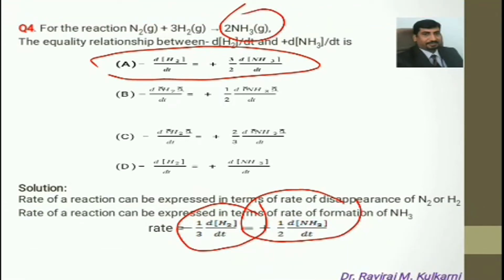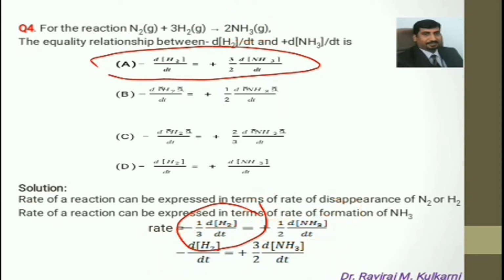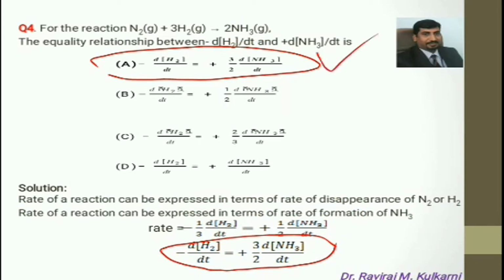So plus 1 by 2 dNH3 by dt. Next, minus dH2 by dt is equal to plus 3 by 2 dNH3 by dt. This is the relationship. So answer A is correct.